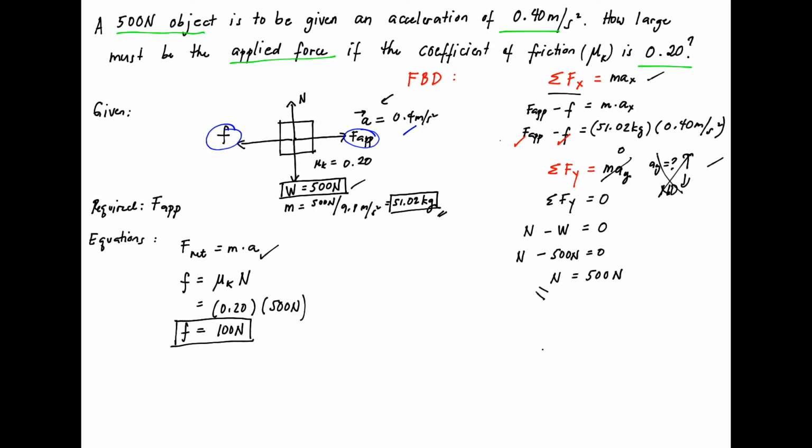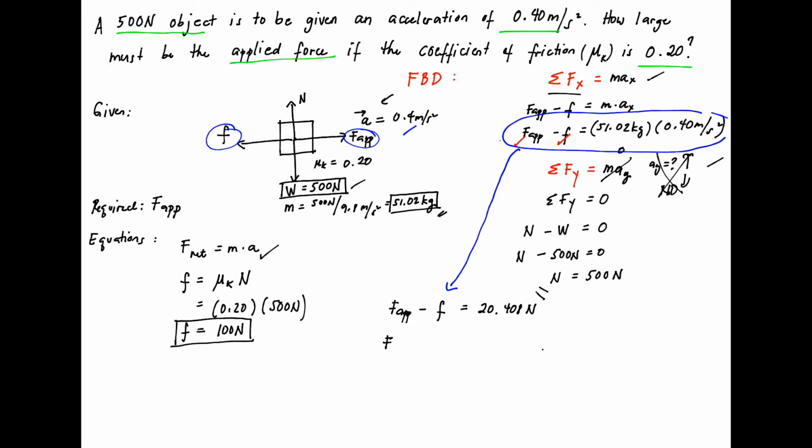Now, going back to our equation, we can simply solve now for the value of the F up. So let's do it again. We have the F up minus the frictional force equals 51.02 multiplied to 0.40 meter per second square, that is 20.408 Newton.